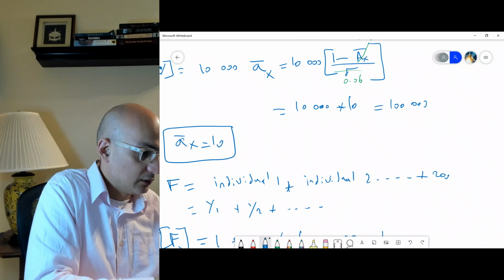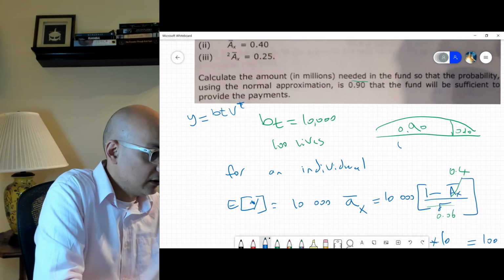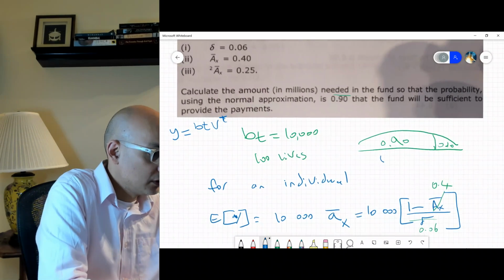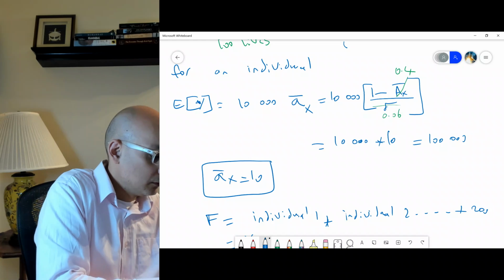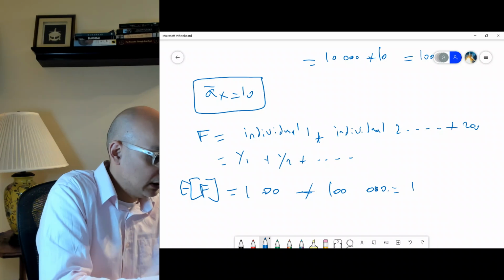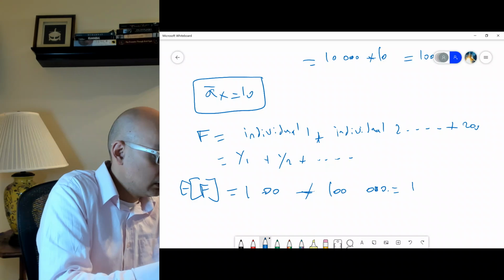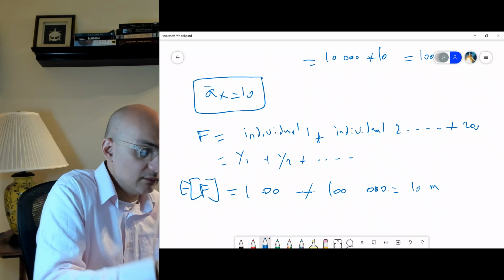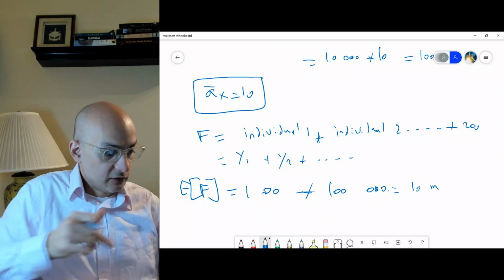Seems I made a mistake. 1 AX is given 0.4. $100,000 multiplied by 100. So yeah, 10 million, right? We need 10 million. Now this is the first one.